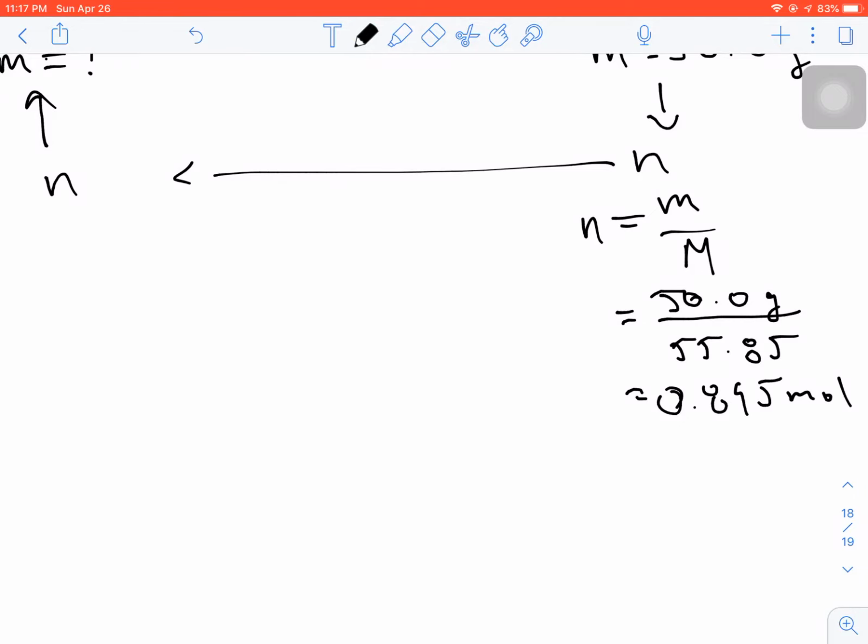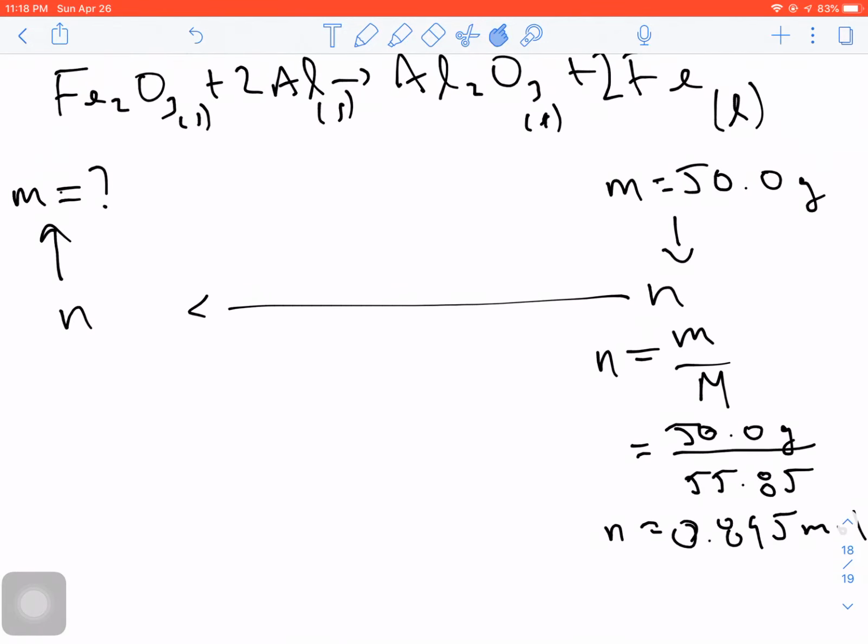Okay, now I'm going to use that number, right? I'm going to use this number n to calculate this n by using the mole ratios. So I'm trying to calculate number of moles of iron oxide, right? The number of moles of this chemical. So there's my unknown right now. Notice I've already done one calculation down here. Okay, now I'm going to do my second calculation.